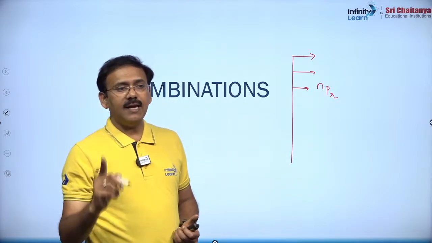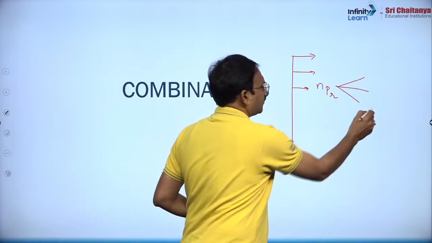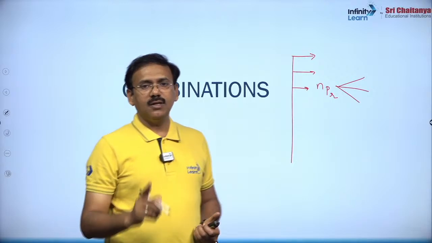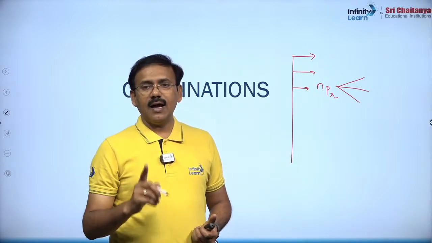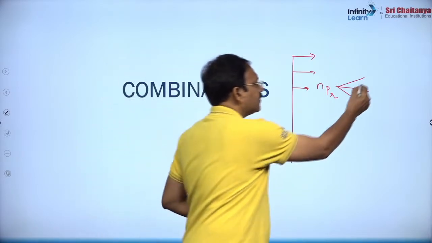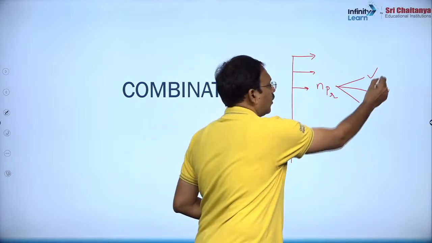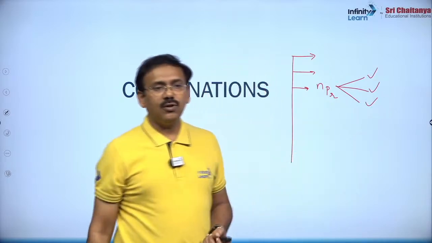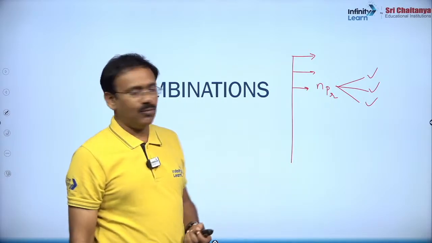Whenever you are using NPR for arrangements, there are 3 important observations. Do remember, repetitions are not allowed, we are arranging in a line, and all the things are dissimilar. The next models will be: if certain things are similar, how to handle; if repetitions are allowed, how to handle; if not in a row but in a circle, how to handle. These 3 things are the next upcoming models.